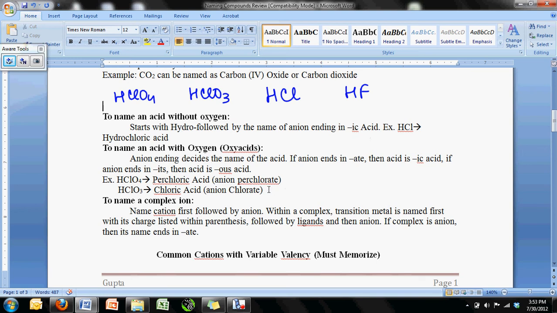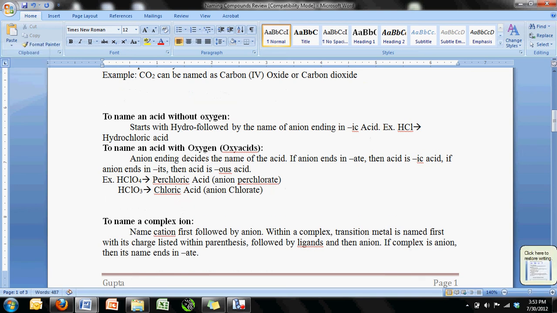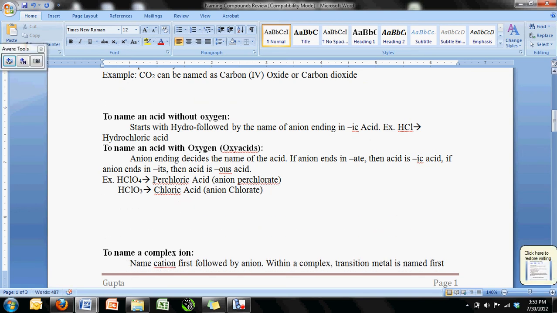Naming of acids that don't have oxygen in them, like HCl, HF, is rather easy. You name them starting with hydro, and then name the anion, which is fluoride, but instead of fluoride you add ic acid, so its name becomes hydrofluoric acid. Similarly, HCl is hydrochloric acid, and so on.